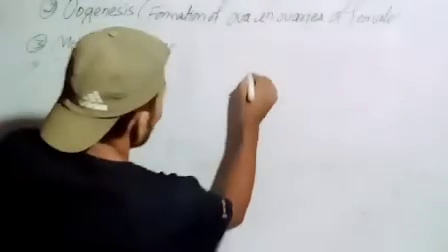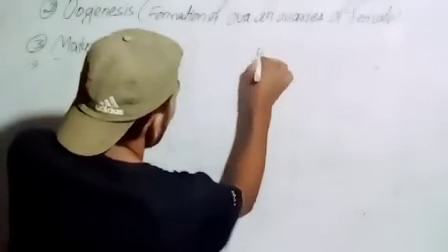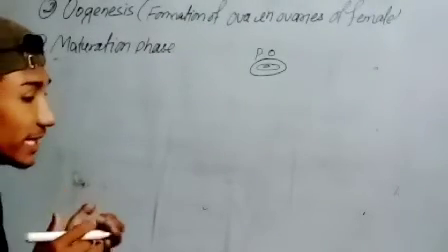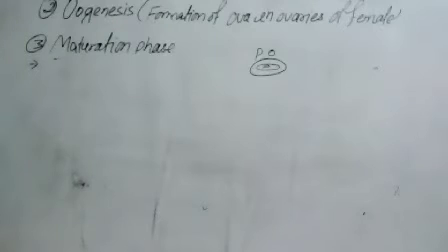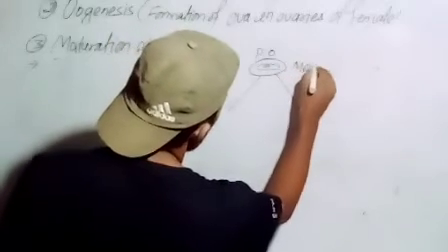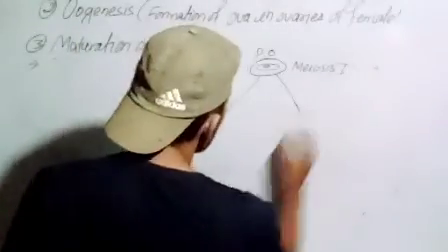Okay, so just the maturation phase. Let us suppose that this is the primary oocyte. That primary oocyte undergoes meiosis first, and it divides into two types.